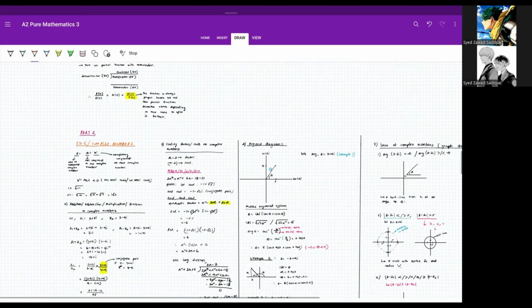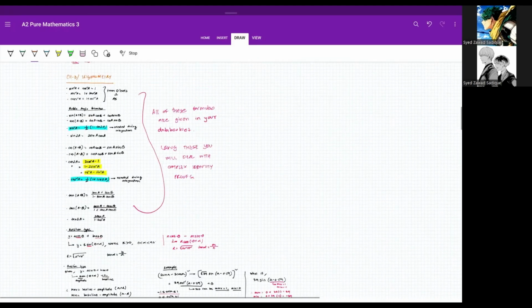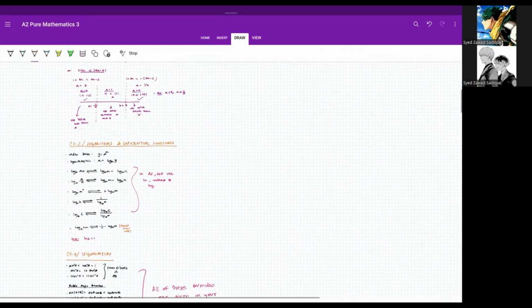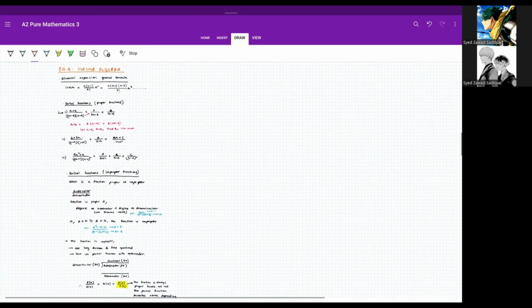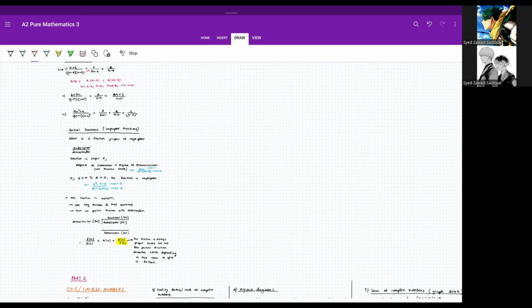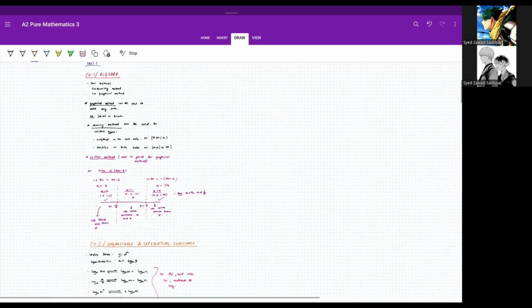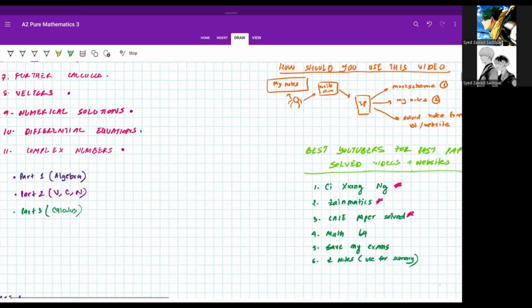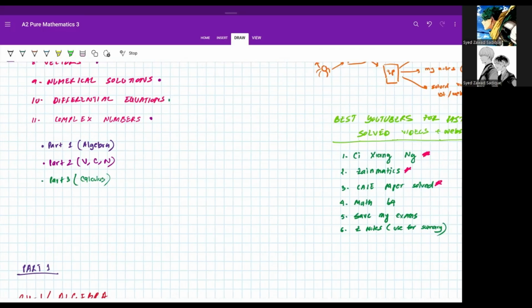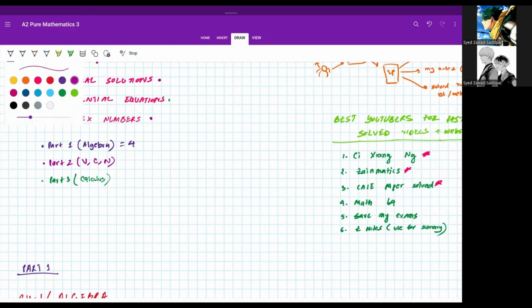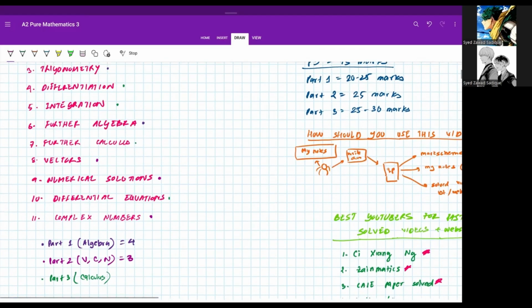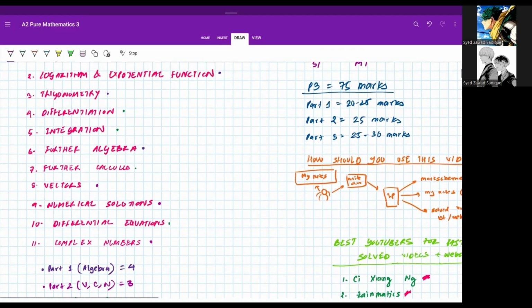6, 5, 3 chapters here. Wait, I just want to make sure something. So this is 4, this is 3, and calculus in itself is 1, 2, 3.